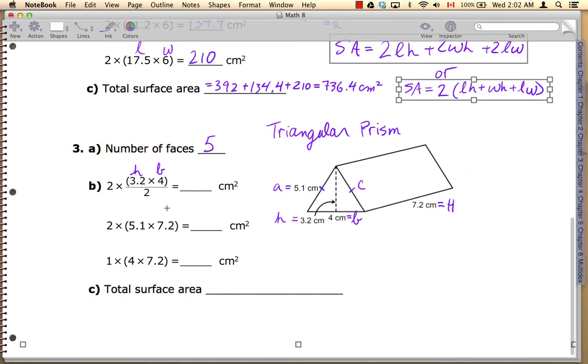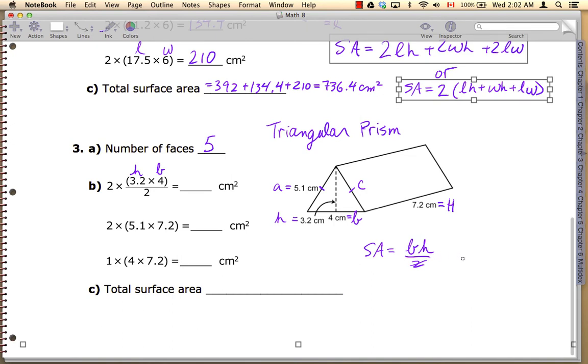So at the same time as we're doing this calculation, I'm also going to generate our surface area formula. If you do base times height divided by 2, and then you're doubling it because you've got a front and a back, well, these two factors really cancel each other out.